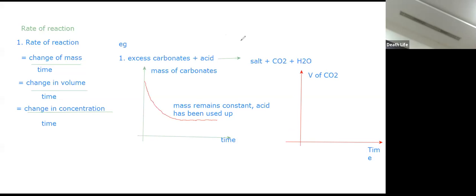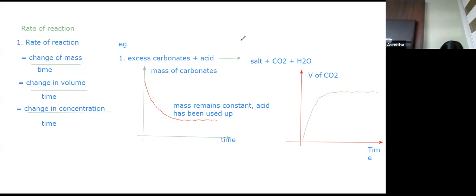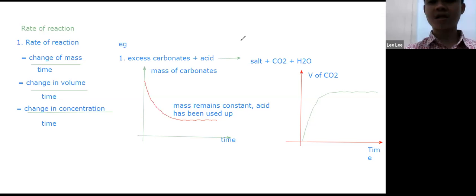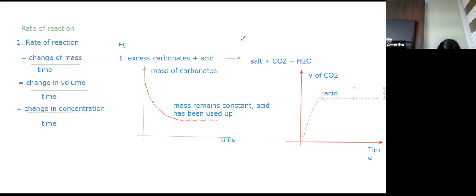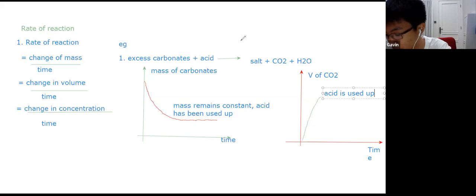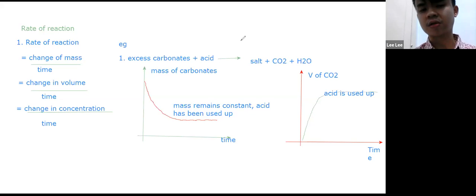Opposite to the previous one. Understand? Yes. So you understand why at last the volume of CO2 produced remains constant? Yes, because the acid has been used up.